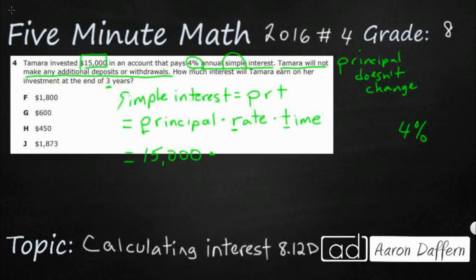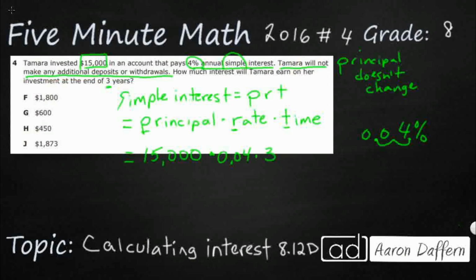If there is no decimal, it's always after the ones place. 1, 2. So 4% is really 0.04, and that's going to be very important. And then we've got times 3. That's our 3 years.